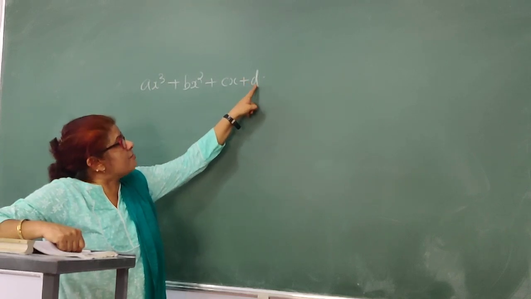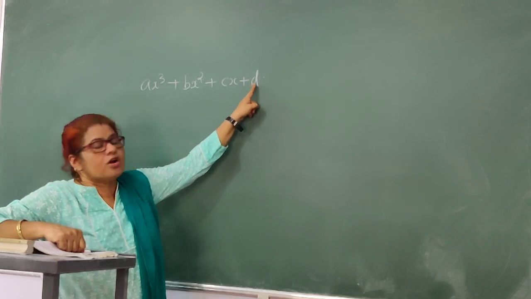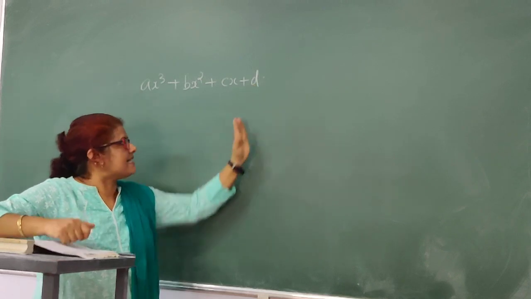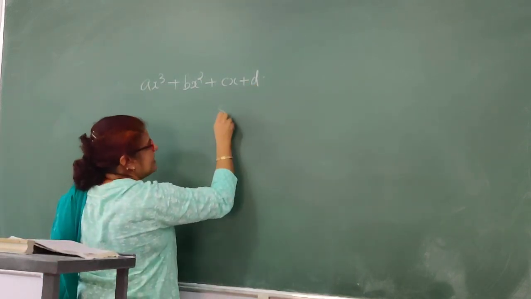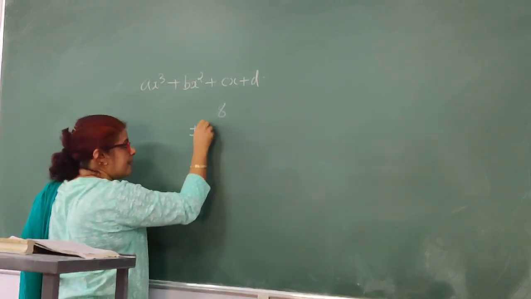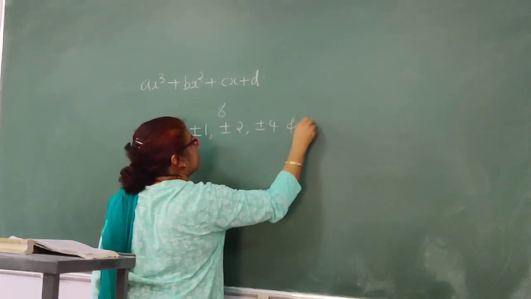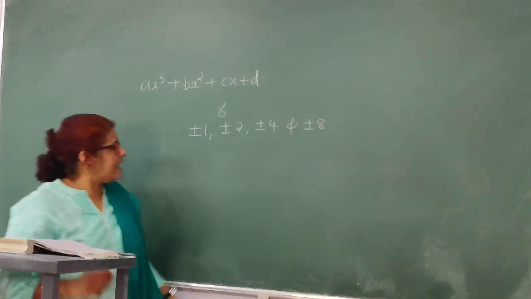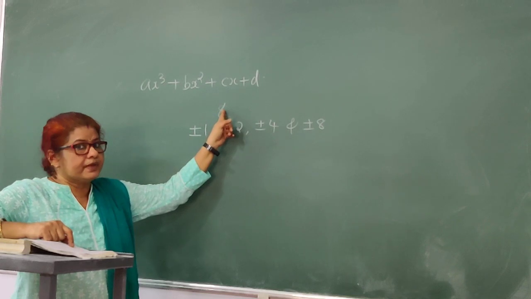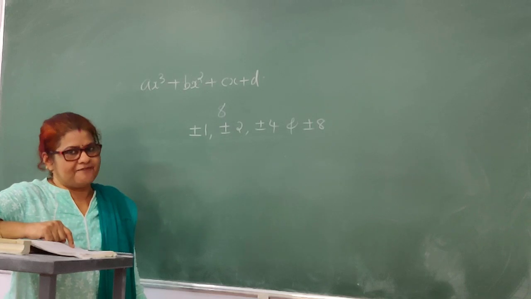Then we have to take the numerical factors of this constant term, both positive and negative. For example, suppose this constant term is 8. Then the factors are plus or minus 1, plus or minus 2, plus or minus 4 and plus or minus 8. There are 8 numerical factors.